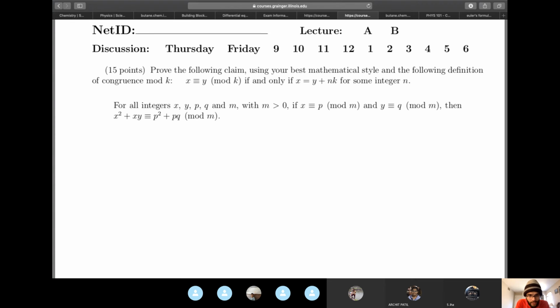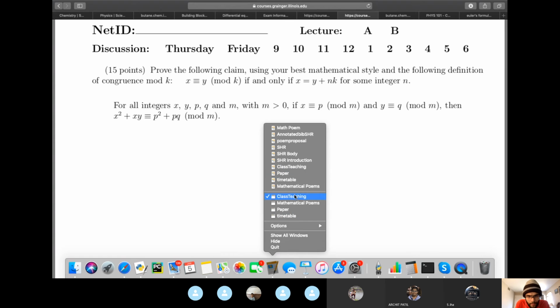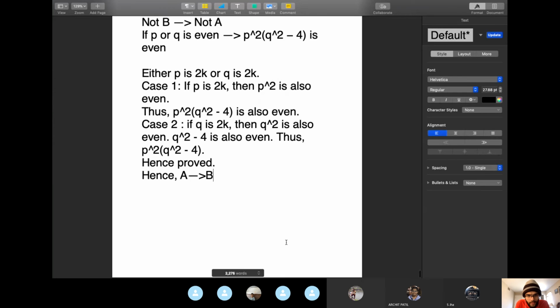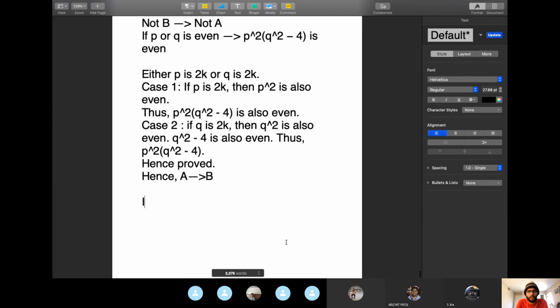Just to make sure you understood the concept, I will ask you a problem. Can you tell me if the following things are congruent? The first thing is 23 and 30 mod 7. So mod 7 means from the point of view of 7, you can think of it that way.